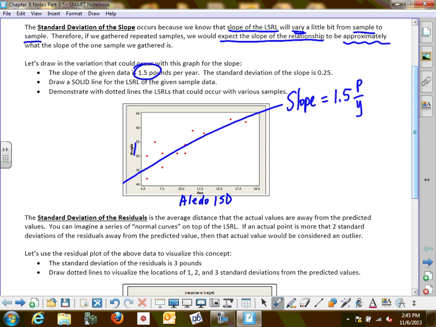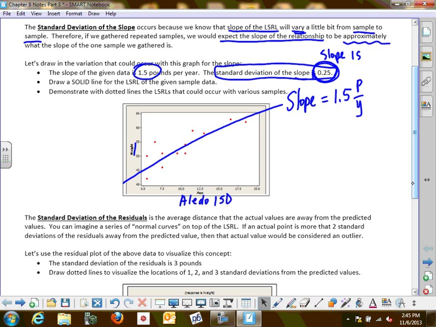I also know that the standard deviation of the slope is 0.25. So this is a measure of how much these slopes can vary. If I get a slope that is 1 standard deviation greater than Zach's, what would it be?